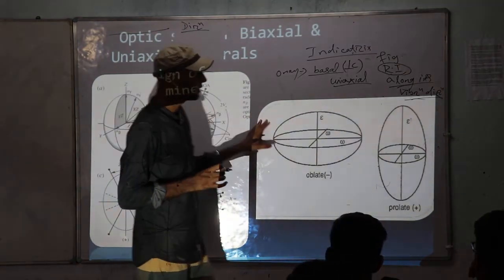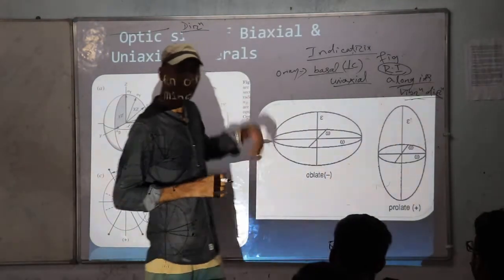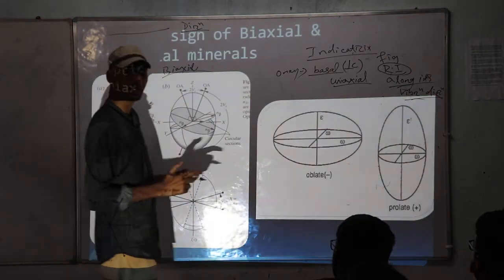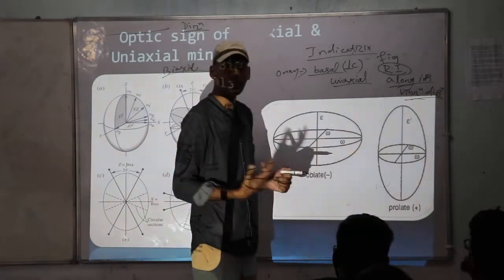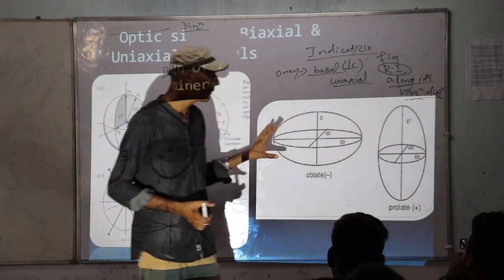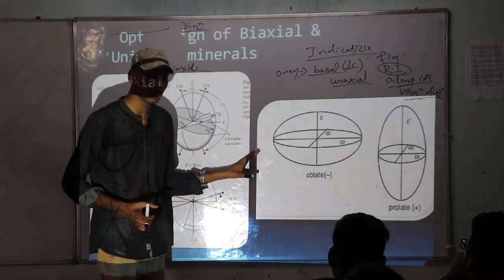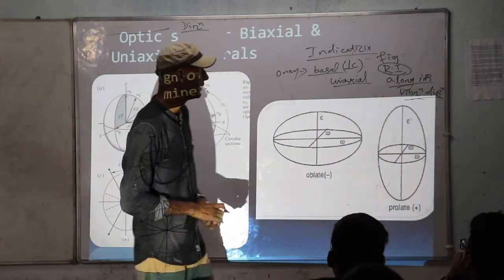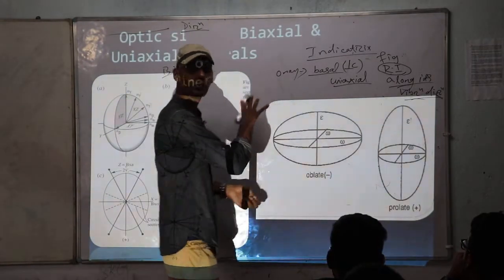The section which is circular, if I take a perpendicular to that, then that will be my optic axis. If I get a circular section in the indicatrix, and I put a perpendicular to that circular section, that will be the optic axis.